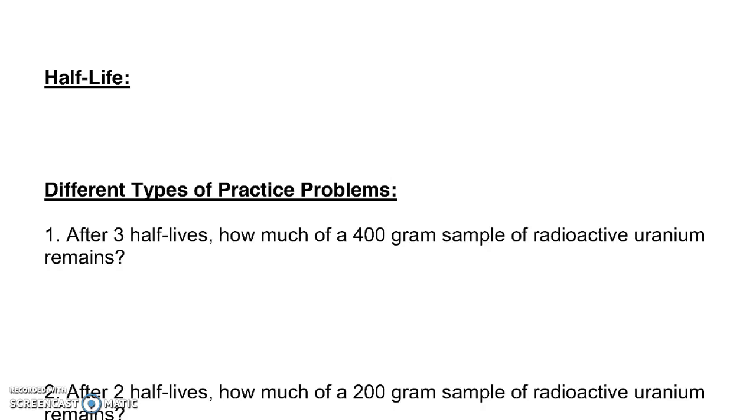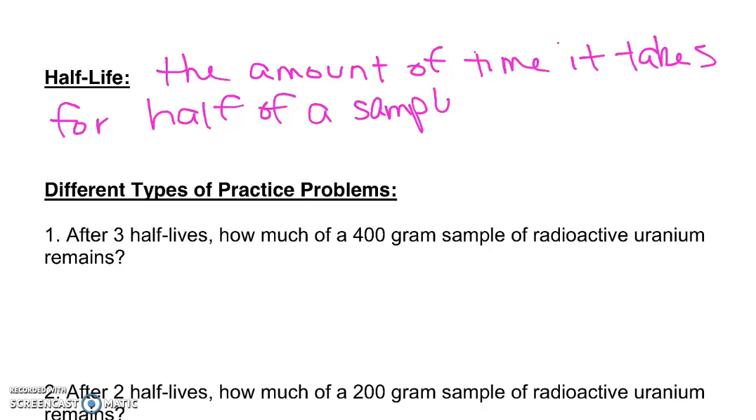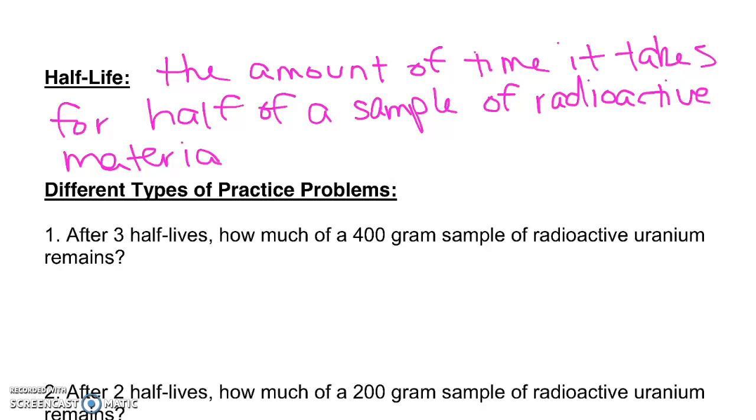So the definition of half-life, which you read about in one of your assignments last week, it's the amount of time it takes for half of a sample of radioactive material to decay.